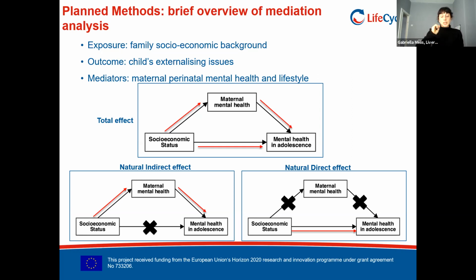For the natural direct effect, we measure an increase in mental health risk moving from low to high socioeconomic conditions, so the increase in mental health risk that we would observe if maternal mental health remained at its value before the change.